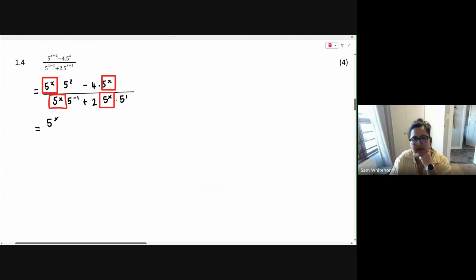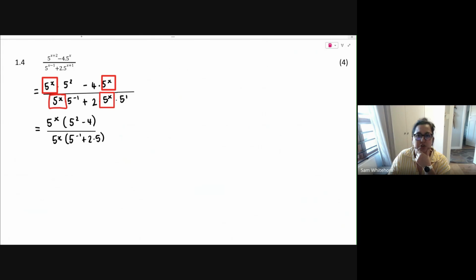So we take it out, 5 to the power x, leaving me with 5 squared minus 4 over highest common factor, 5 to the power x, 5 to the negative 1 plus 2 times 5. So those 5 to the power x's divide away. So it's gone, and all we have are the numbers left. 5 squared is 25, minus 4 is 21, over a fifth plus 2 times 5 is 10.